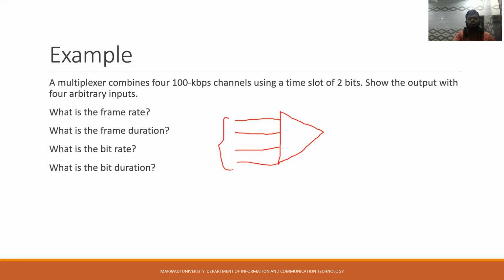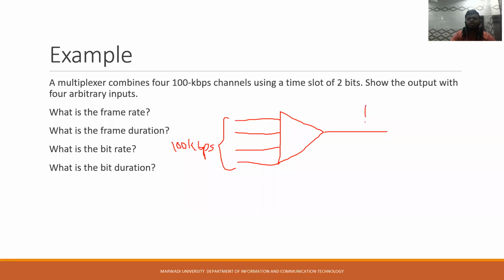All of these are 100 kbps. So first of all, we need to see how the frame would look.